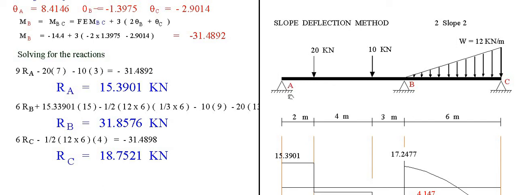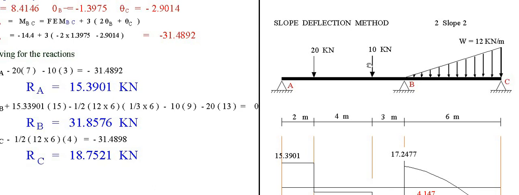This is now given times the distance of 6 and 6, 12, plus 3, 15. The concentrated load, uniform load, triangular load, 1/2 of 12 by 6 times distance from C, the centroid, is 1/3 of 6.